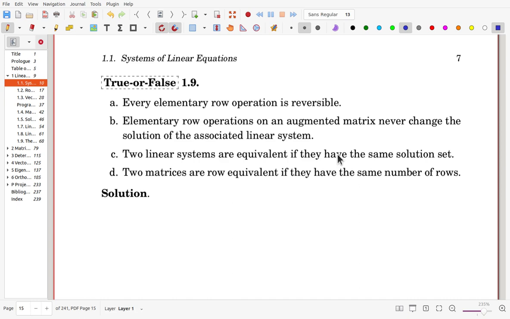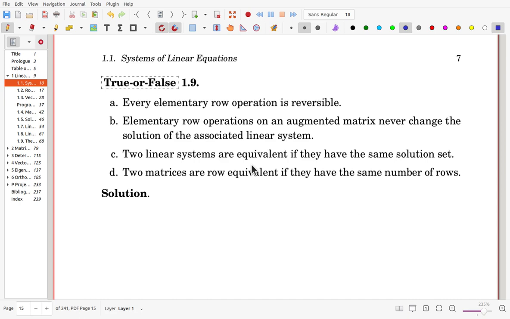Elementary row operations on the augmented matrix never change the solution of the system. Two linear systems are equivalent if they have the same solution set. Is it true? Yeah, it's true. From the definition, once the solution sets are the same, then they are equivalent. In mathematics, problem solving always starts with a definition.